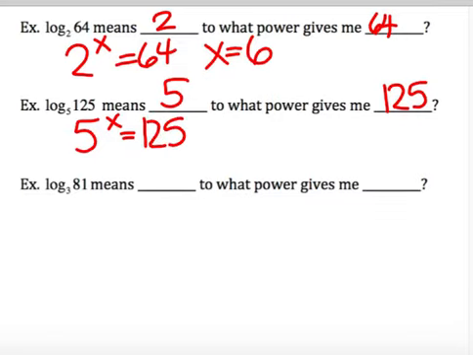Now on your pink sheet, look on row 5. Everyone show me with your finger, scan across row 5 until you get to 125. So we know that x equals what, everybody?